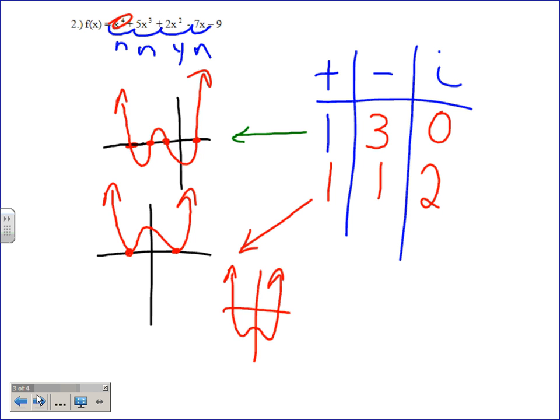X to the fourth in general. So anybody want to take a wild guess? Even, ending in the same direction. Odd, ending in opposite direction.